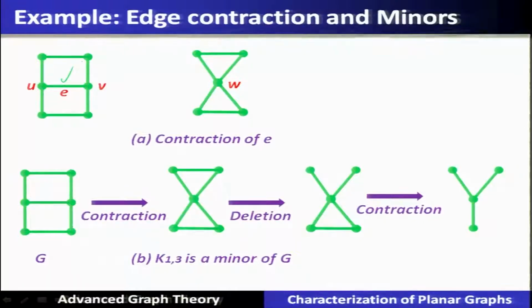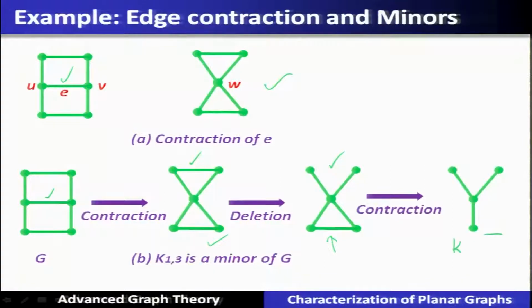Now, in this particular picture, we will take this edge contraction example. Here, if we contract this particular graph along this particular edge E, we will obtain the edge contraction of that graph on the edge E, that is called edge contraction. So, from a graph G, if we perform the edge contraction around this particular edge, we will obtain this graph, and again we will perform the deletion of this particular edge, we will obtain this graph, and then perform another contraction, we will obtain this particular graph.